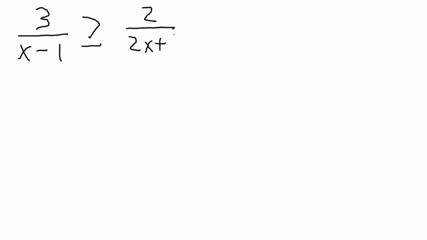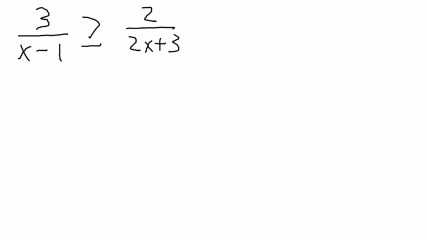Sometimes you might find yourself with a couple of fractions that are greater than or less than each other. Let's do greater than or equal to this time. Let's go 3 over x minus 1 is greater than or equal to 2 over 2x plus 3. Again, I can't compare these the way they are.